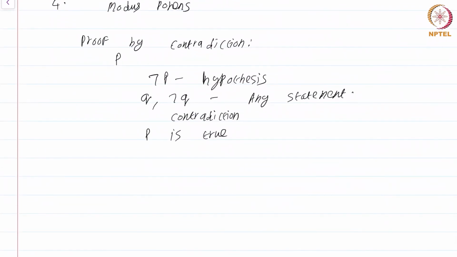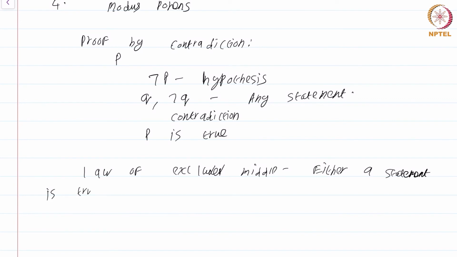Why does this work? It works because of the law of excluded middle. The law of excluded middle is just a fancy way of saying either a statement is true or false. Note, this was just our definition of statement.